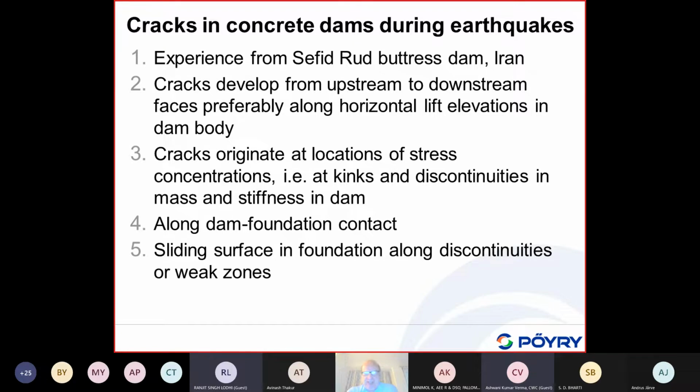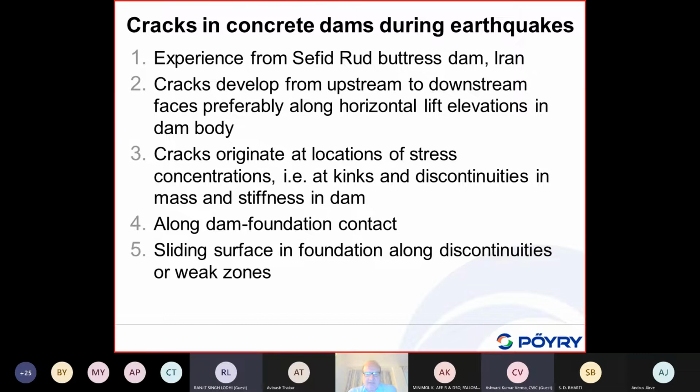Now, what is the procedure, or what are the basics of this analysis? Number one is what I've shown at the beginning: the experience from Sefid Rud Dam in Iran. Secondly, just as a repetition, cracks develop from upstream to downstream faces, preferably along horizontal lift elevations in a dam body.